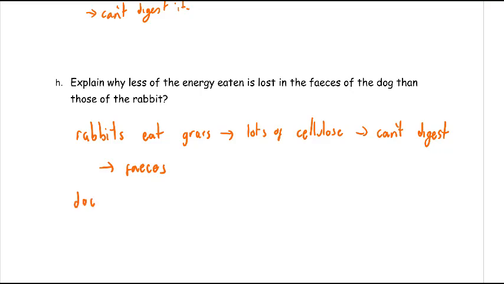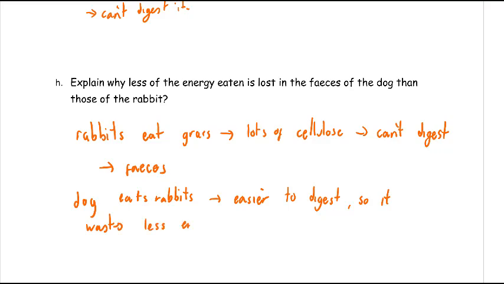Whereas the dog eats rabbits, which is easier to digest. So it wastes less energy in feces.